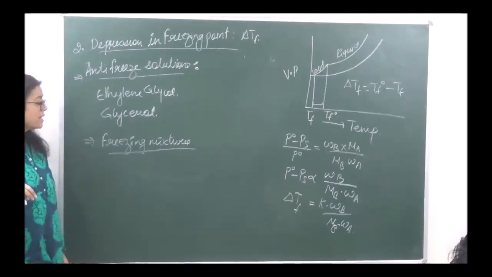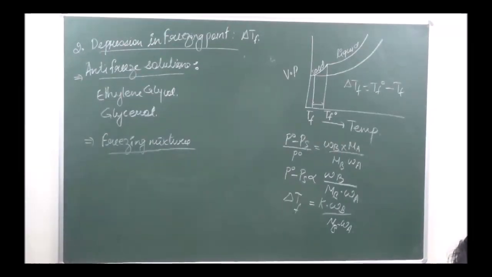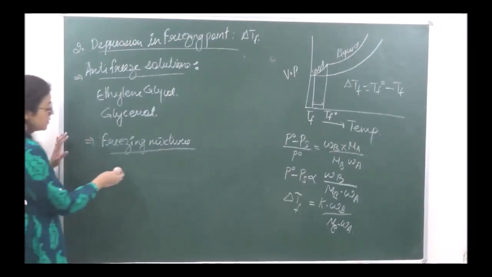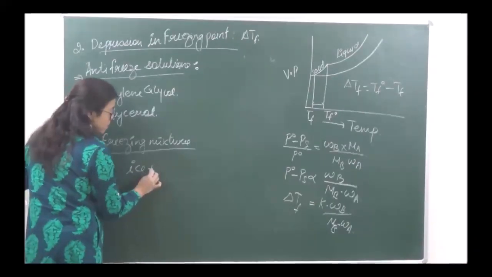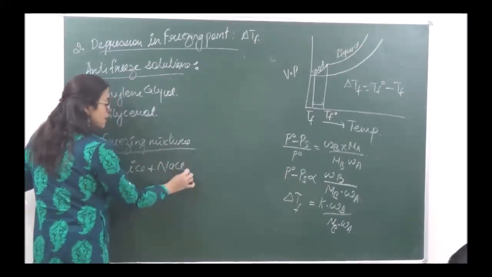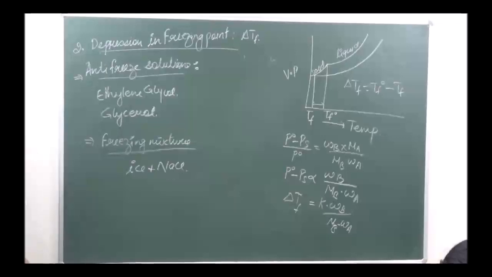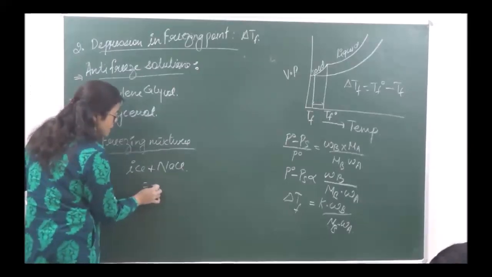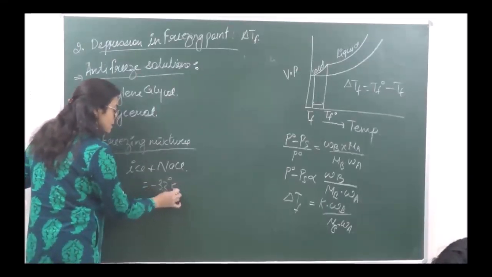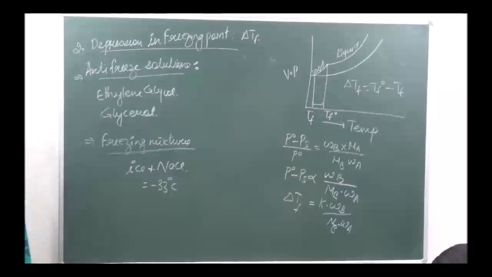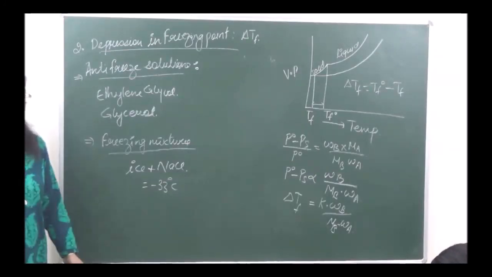What is this freezing mixture? It is a mixture of ice and sodium chloride. The temperature can be lowered to as low as minus 33 degrees Celsius by using the freezing mixtures.